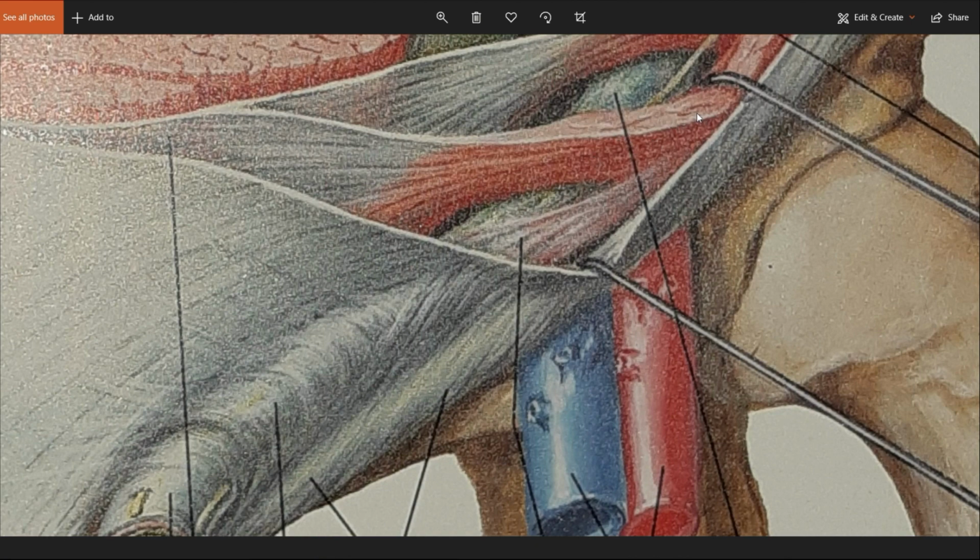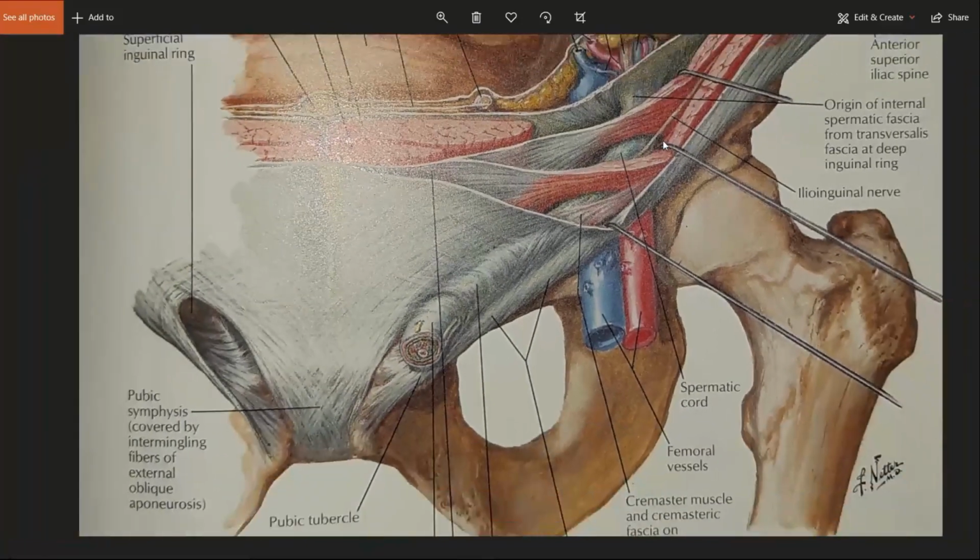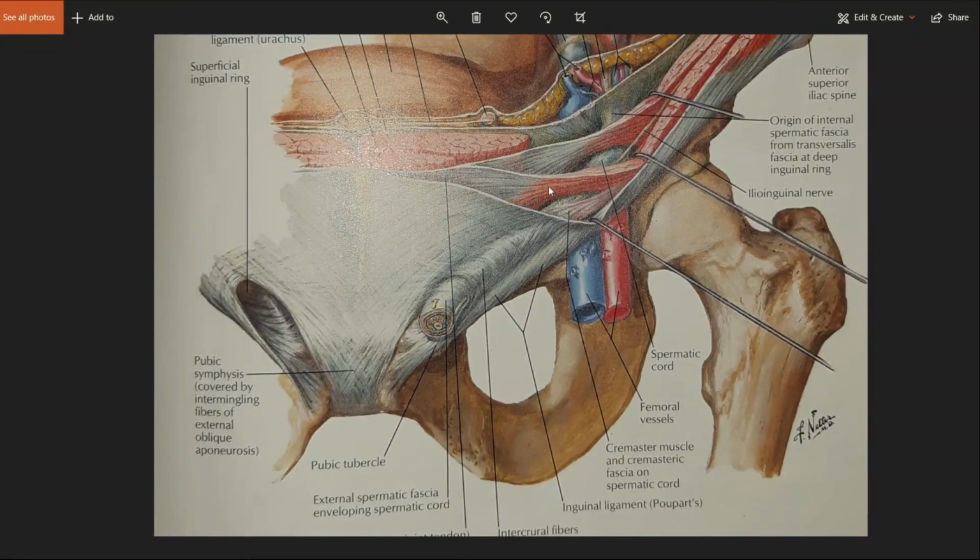The fleshy fibers of the internal oblique, can you visualize? Then it is arching upwards and forming the roof of the inguinal canal.